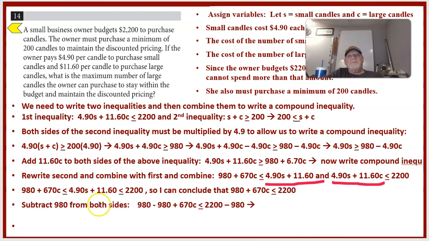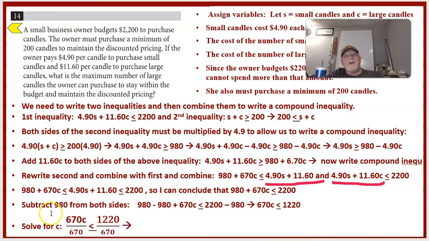So if I subtract 980 from both sides, and it cancels out here, I subtract 980 from here, I get 670c less than or equal to 1220. Now when I solve that, I divide both sides by 670. It cancels here, and I have c, or the number of large candles, which it says, what is the maximum number of large candles?